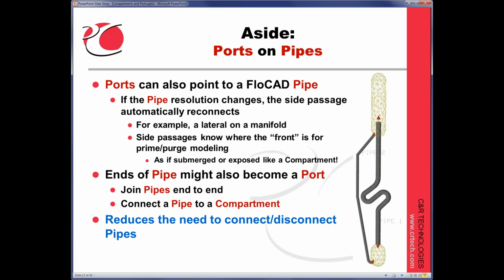To change the resolution, you have to disconnect it, change the resolution, then reconnect it. All of that's gone now. So I'd really strongly recommend, if you're a pipe user, to check out ports, even if you have zero interest in a compartment. I don't know how you could possibly have zero interest in a compartment. They're just so cool. But if you do, take a look at pipes.